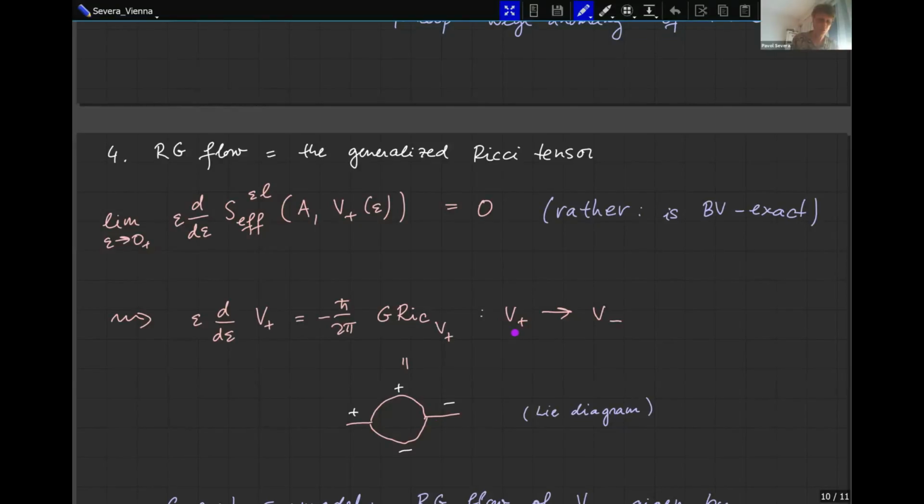So it's a map going from V plus to V minus. And this is, at least for some people, a well-known story: this particular thing is called the generalized Ricci tensor of our generalized metric.